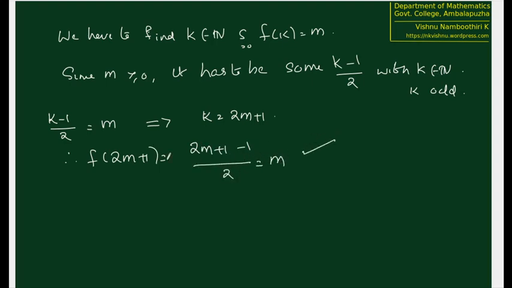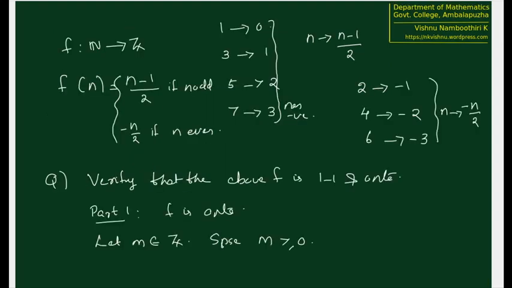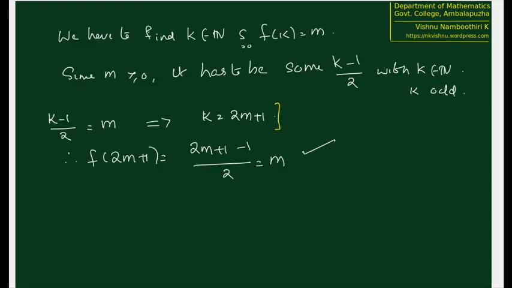So that is done. We located the k. What is our k? K is equal to 2m plus 1. So m has pre-image 2m plus 1. Therefore, in this case, the onto part is clear. Now what is next? If m is less than 0, now we have to locate a k. That is the second part.